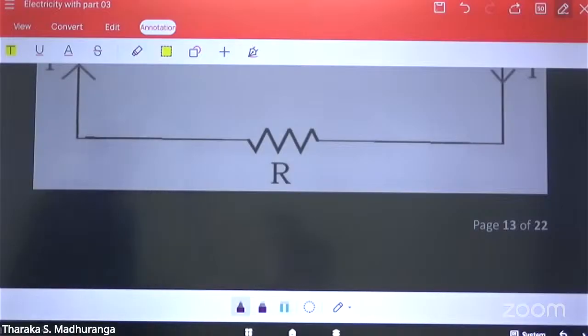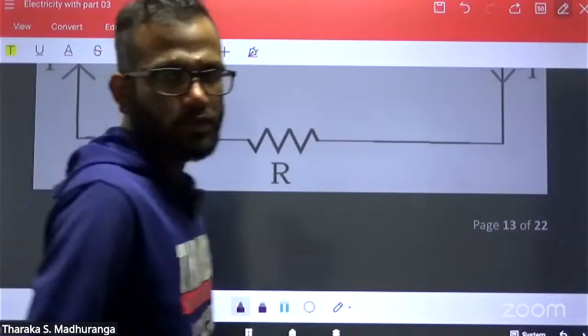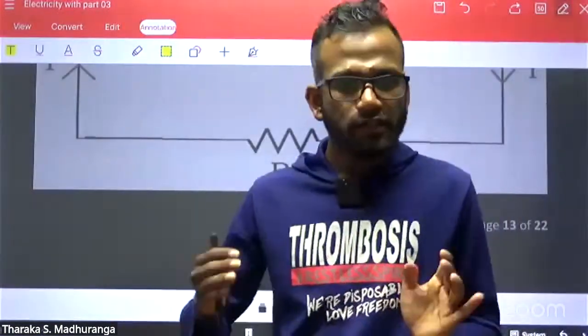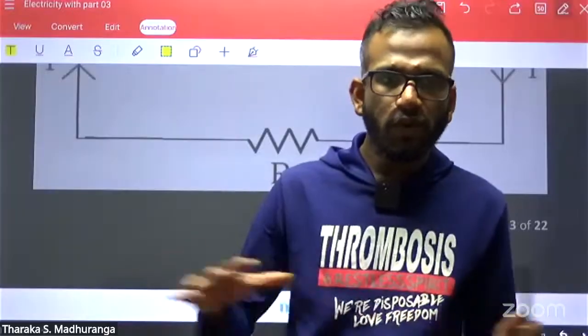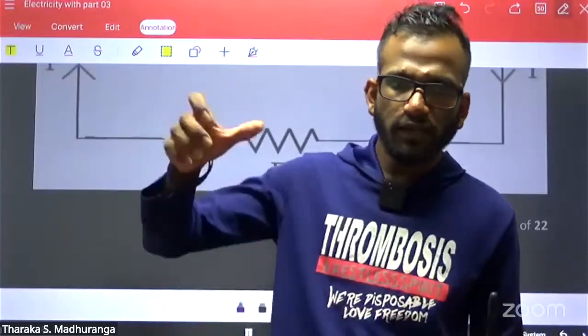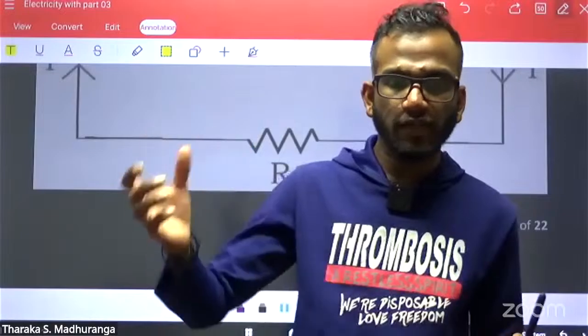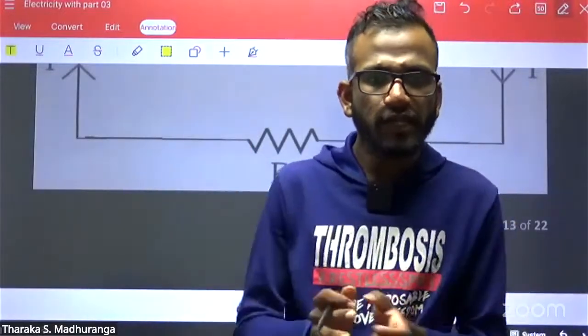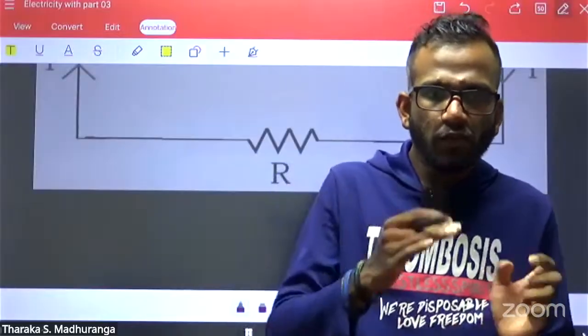Now correct. Electromotive force is the potential difference between the two terminals of a cell when no current is flowing. That means the battery is not connected by conductors, so there is no current.